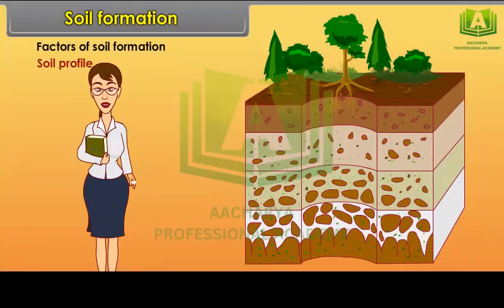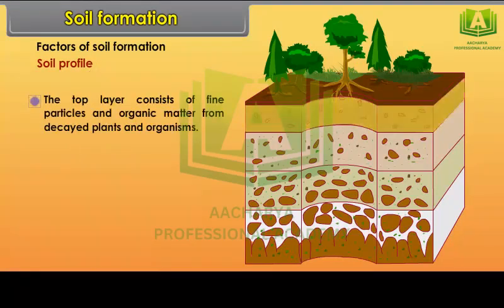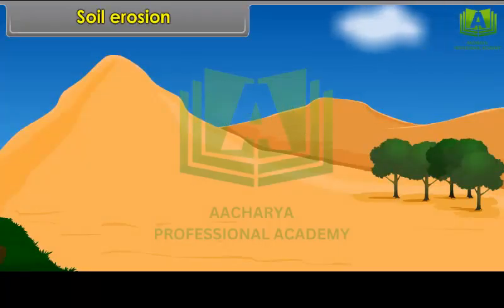Soil profile. Each type of soil has a well-developed vertical section called the soil profile. The top layer consists of fine particles and organic matter.